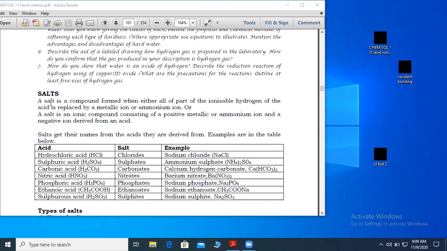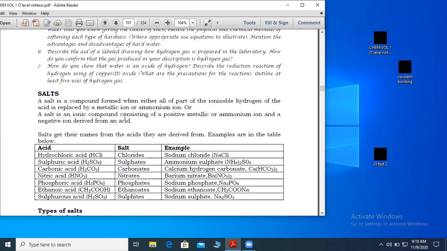This is just to remind you, a salt is a compound formed when either all or part of the ionizable hydrogen of the acid is replaced by a metallic ion or ammonium ion. That's how we defined a salt.